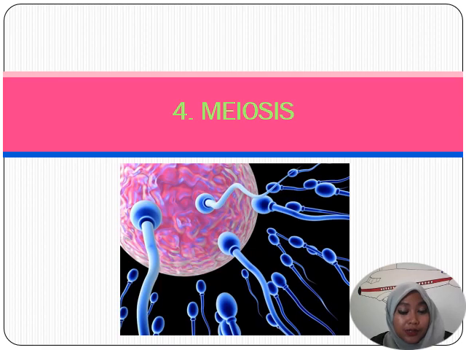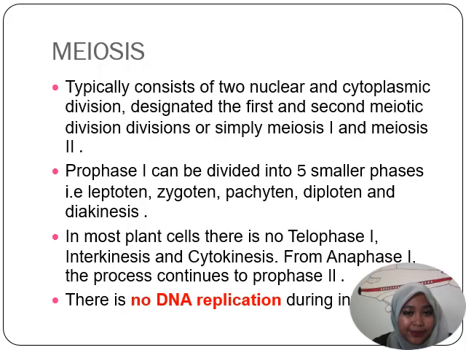Okay, we go to the meiosis process. Meiosis typically has two nuclear divisions and a cytoplasmic division, simply referred to as meiosis 1 and meiosis 2.